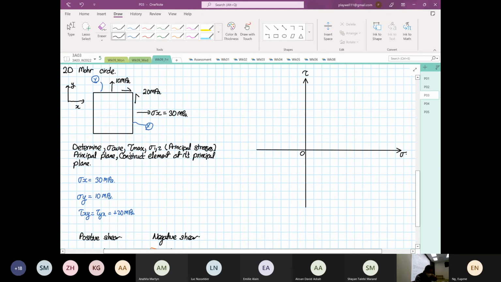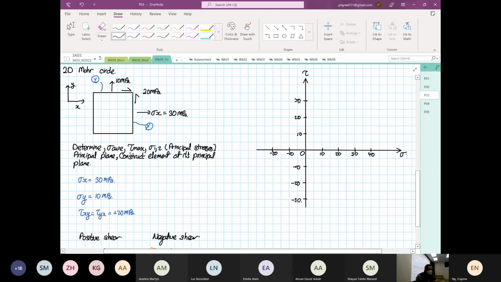Next, I'm going to put a scale on it: 10, 20, 30, 40, and the scale has to be the same on the x-axis and the y-axis. On the other side it will be minus 10, minus 20, minus 30.